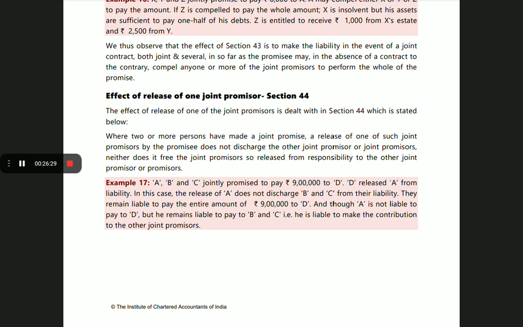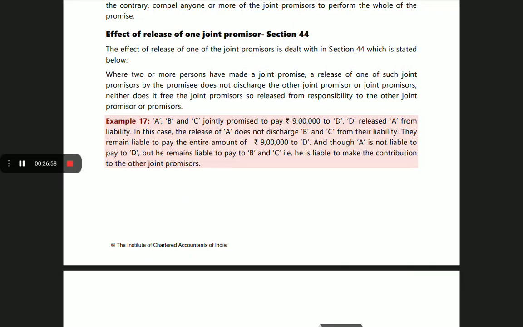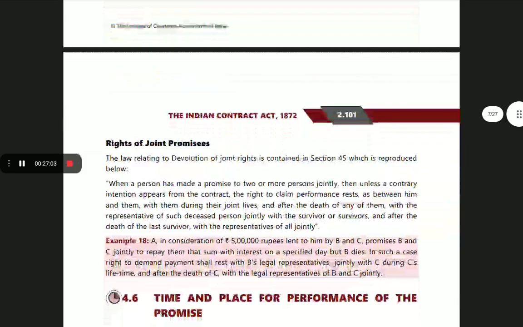They remain liable to pay the entire amount of 9 lakh rupees to D, and thus A is not liable to pay D, but he remains liable to pay B and C. That is, he is liable to make the contribution to the other joint promisers.